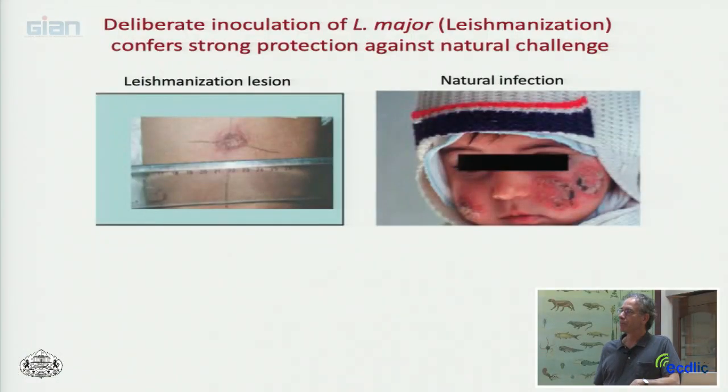But you know, you could argue it's like a vaccine. It's not delivered by flies. It is cultured parasites that they're inoculating. So they may, in fact, be attenuated compared to what flies actually deliver. And you're using a selected site. That's critical.